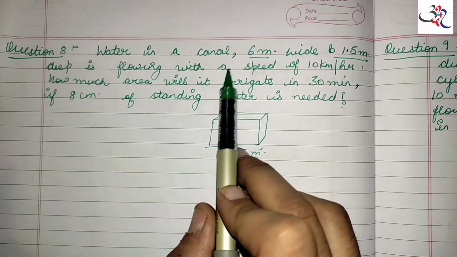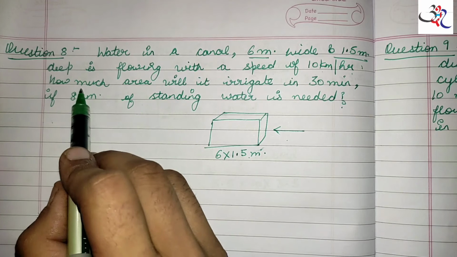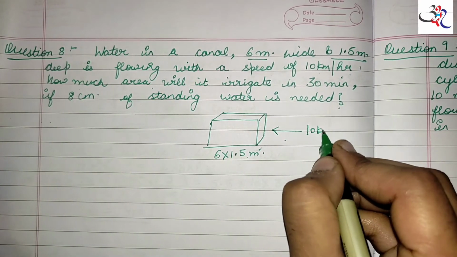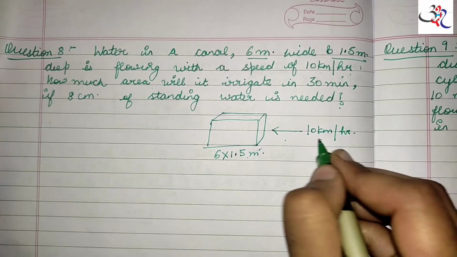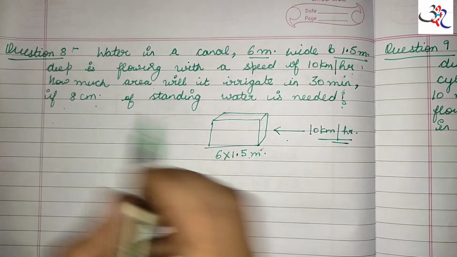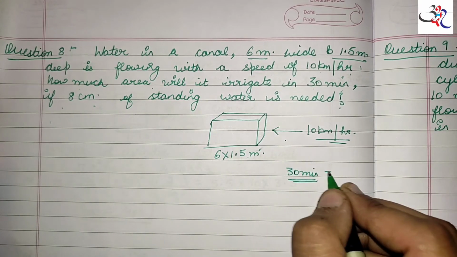In this, the water is flowing with a speed of 10 km per hour. How much area will it irrigate in 30 minutes, if 8 centimeter of standing water is needed? So we have to find out the area for the 30 minutes.